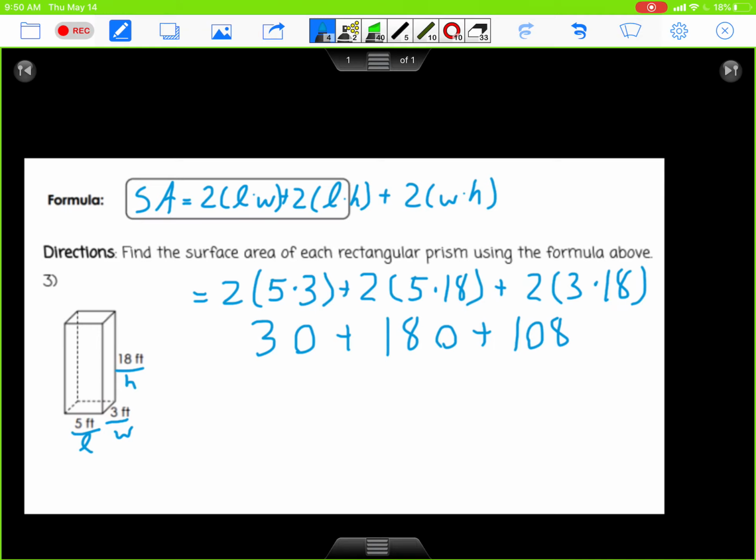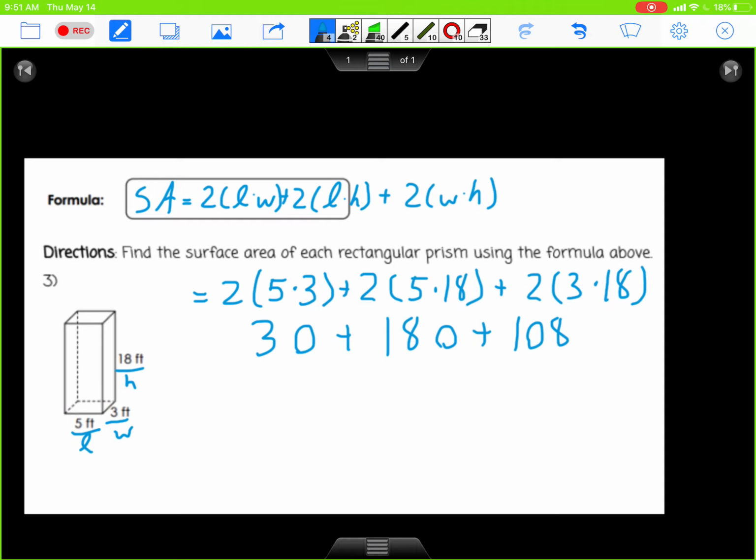Once again, you can always double check. So I'll double check. Oh, sorry, 2 times 3 times 18 is 108. 2 times 5 times 18 is 180. And 2 times 5 times 3 is 30.